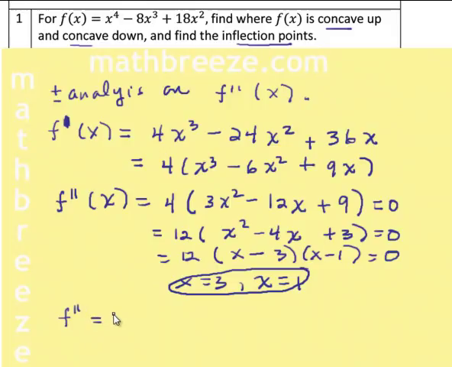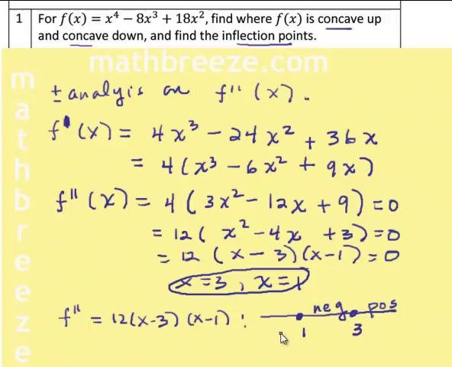F double prime is 12 times x minus 3 times x minus 1. On the number line, we're just going to put 1 and 3. If we substitute in something to the right of 3, like 4, this is positive, so positive here. If we substitute in 2, we have negative, positive, so that would be negative.